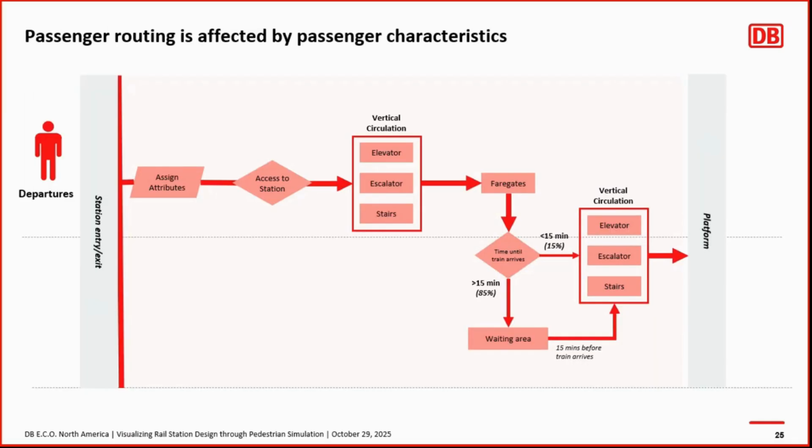Here's another flow chart showing the departing passenger flow behavior. So here the main considerations for route decisions are how are pedestrians going to access the station based on their characteristics, or based on their passenger type. So will they use the elevator, escalator, or stairs?